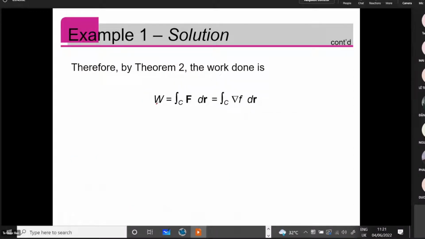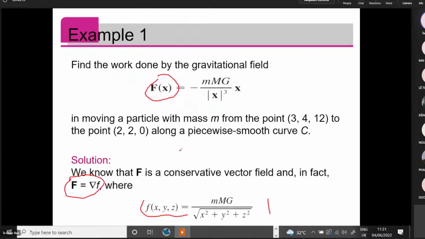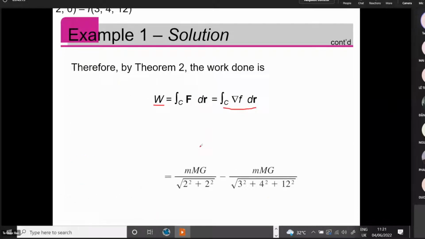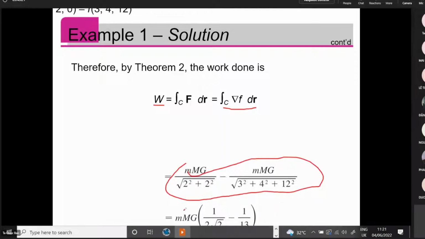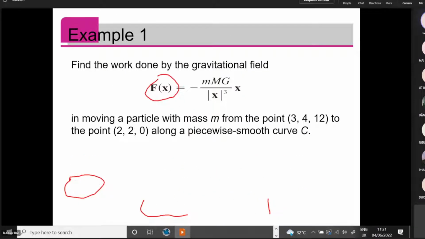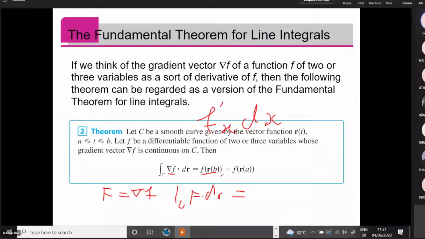Therefore, the work is the integration of the vector field F like this. Because we know f here, you can find the result. It's like this, very easy to calculate by using this formula. Right.